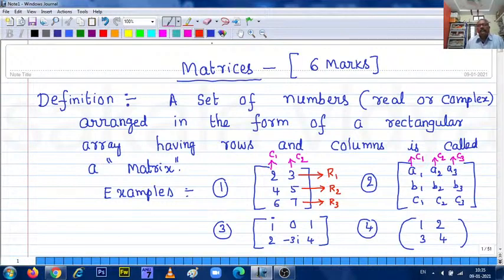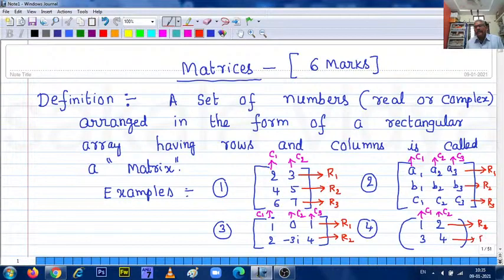These are called row number 1, row number 2, row number 3. Here this is row 1, the first row, this is the second row. This is the first column, this is the second column, this is the third column. Here first column, this is second column. It has how many rows? 2 rows, R1 and R2.